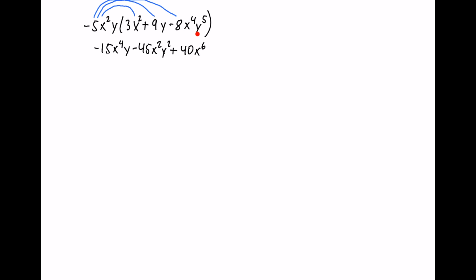And then y times y to the 5th, so 1 plus 5 is also y to the 6th. And then remember, this is x to the 4th y, this is x squared y squared, this is x to the 6th y to the 6th. They are all completely different, so they are all separate. You cannot add any of these. So this is just your answer.